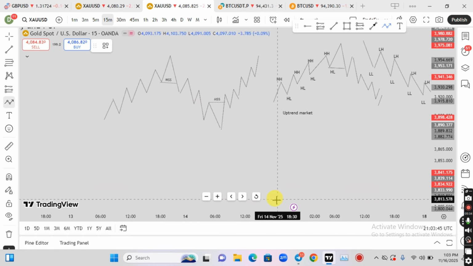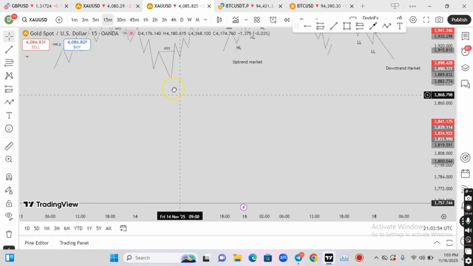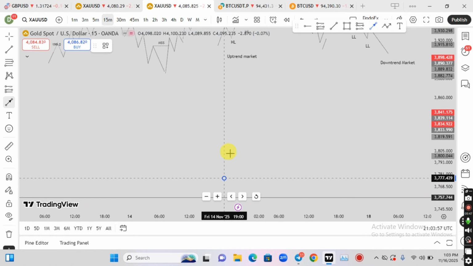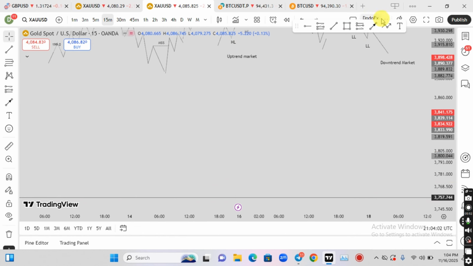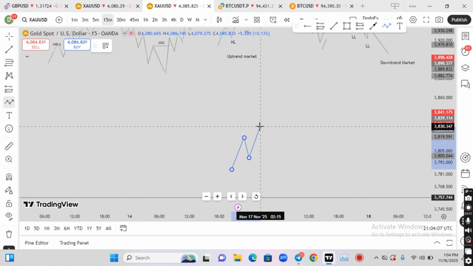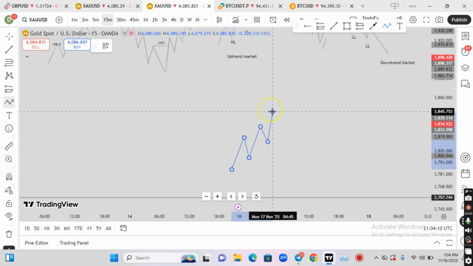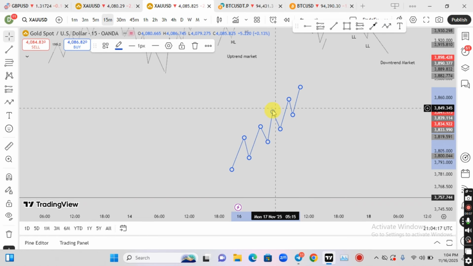While for the break of structure, let's say we're having a series of higher highs, higher low, higher highs, higher low, higher highs, higher low, higher highs, higher low, higher highs, right? So what do you notice for the break of structure?